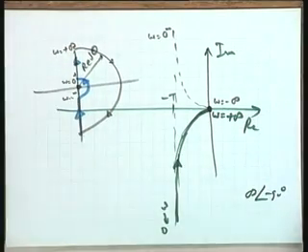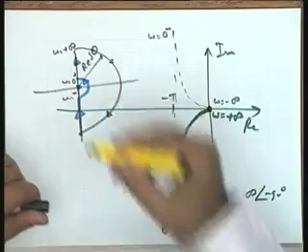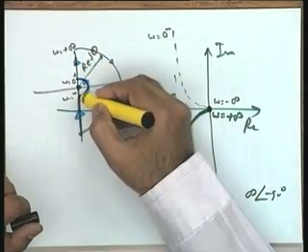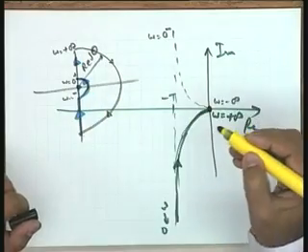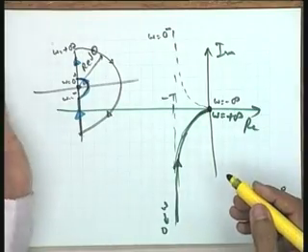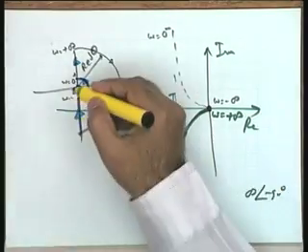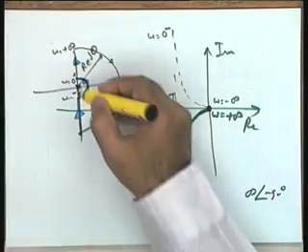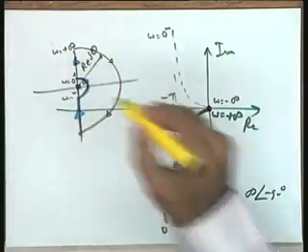If there is an open loop pole on the imaginary axis, I bypass this pole in the Nyquist contour by taking a semicircle of radius epsilon, where epsilon tends to 0. Please see, it really does not affect your stability analysis, because you are interested in the closed loop poles of the system. The logic behind bypassing is this: this open loop pole has been taken at s equal to 0.